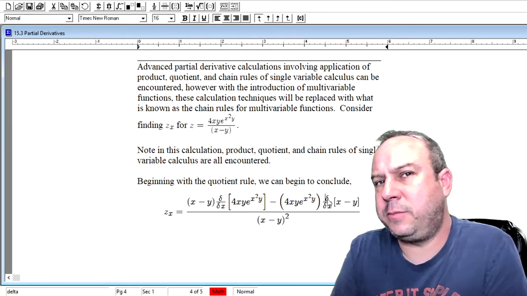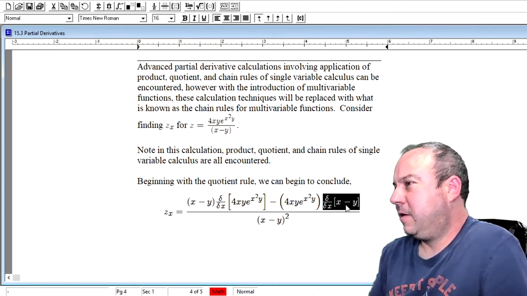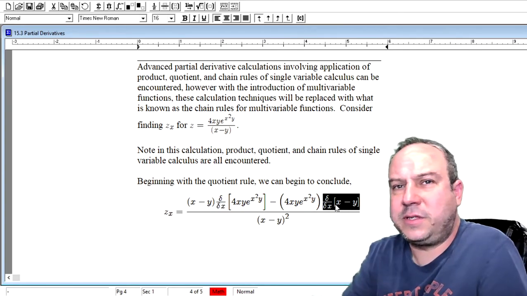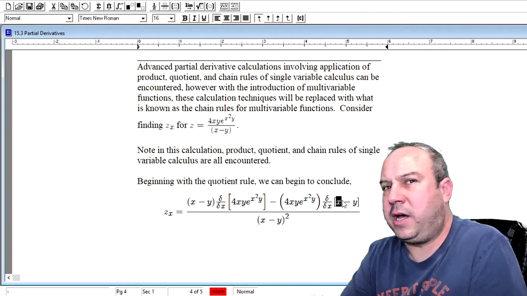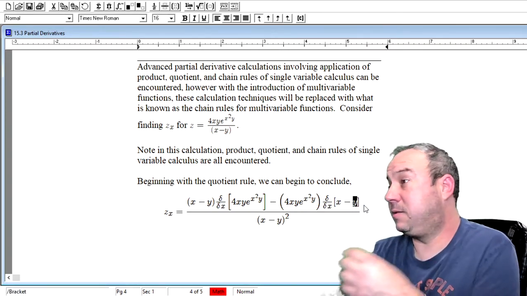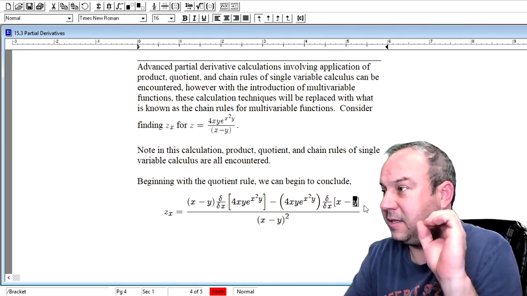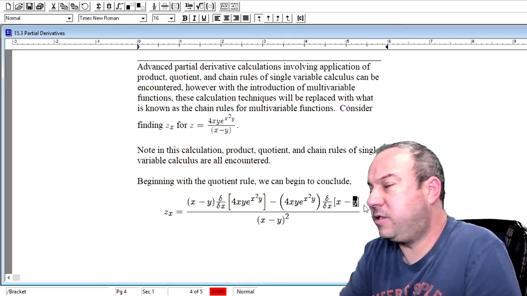This one back here shouldn't be too tricky. What's the partial with respect to x for x minus y? Distribute across the terms. With respect to x, it's just 1. With respect to y, it's a constant. So the partial of a constant with respect to x is 0. So really, this is just 1.